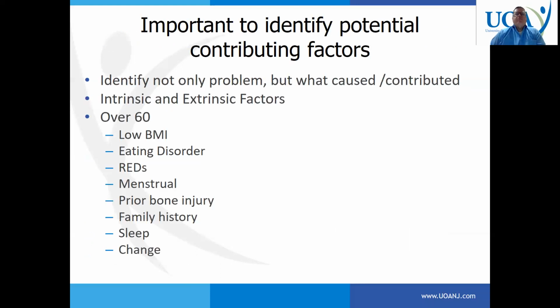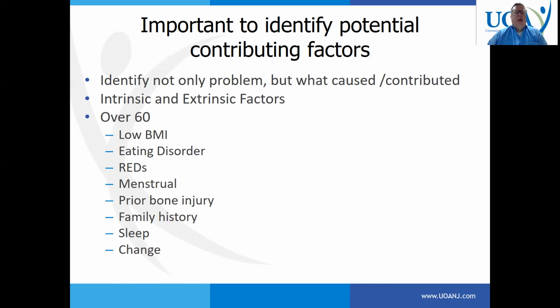So I think it's important that we as clinicians help push our kids to identify the problem. That's pursuing imaging, X-ray, and if the radiology is normal, pursuing an MRI, really pinpointing the extent of our injury.